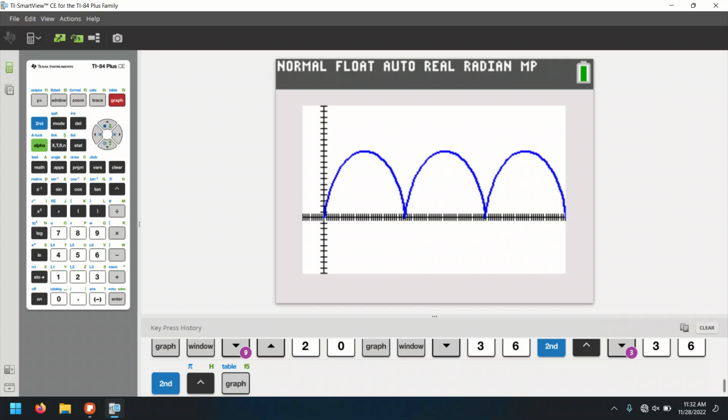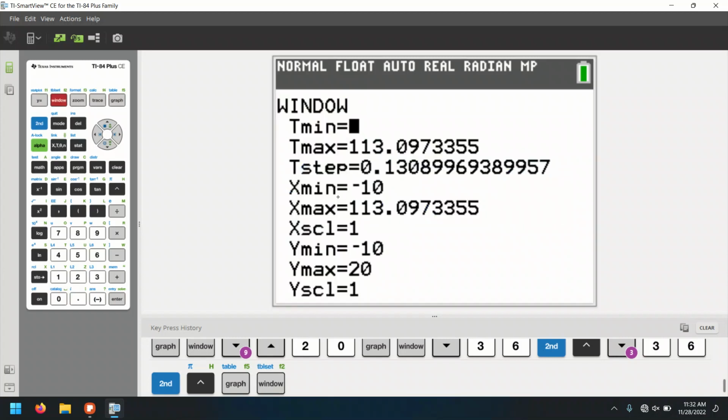So for parametric form, make sure to modify not just the x window, but also the t window, which is actually the t values at which the particle will be in the x and y location. So make sure to have all that. All right.